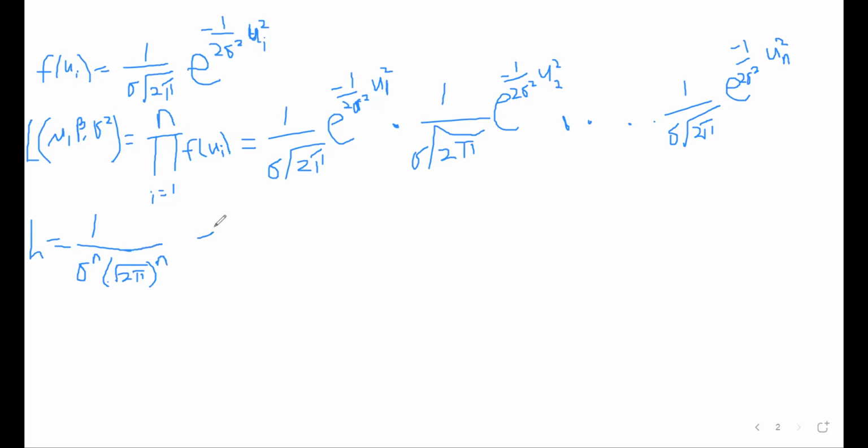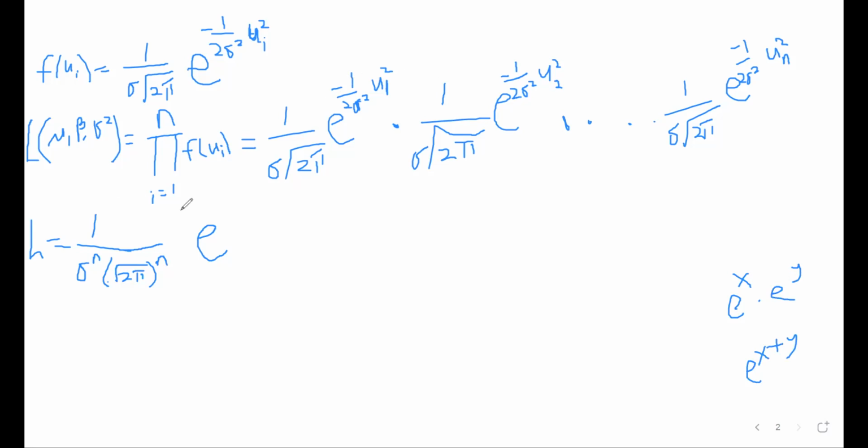Okay, and then the e, the laws of indices. You are going to add the powers. They are all multiplying, so you pick one of the e and add the powers, right? If you have e to the power x, multiply e to the power y, then you have e to the power x plus y. So I'm just going to be adding the powers.